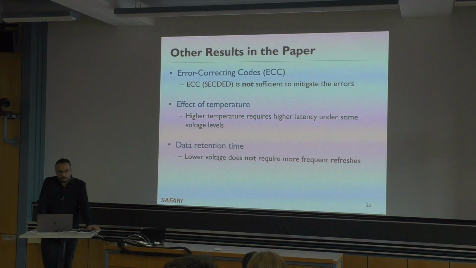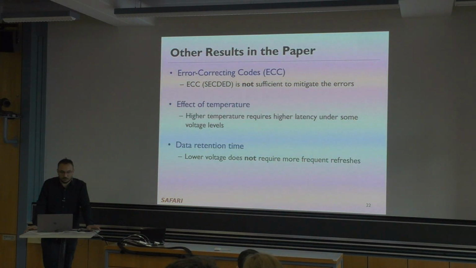It's a bit surprising, actually, because when you reduce the voltage in the capacitor as well, you would expect it to leak faster or have lower retention time, so you need to refresh it more frequently. But it turns out that it's not the case.